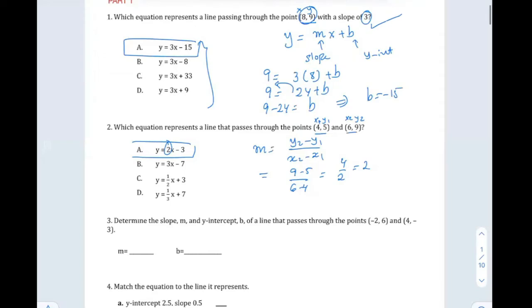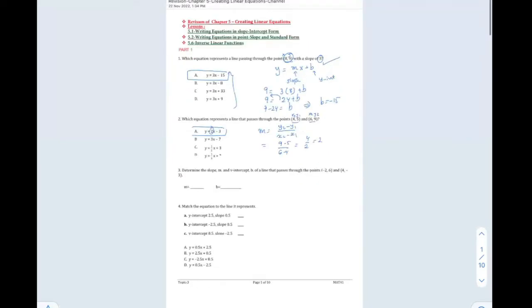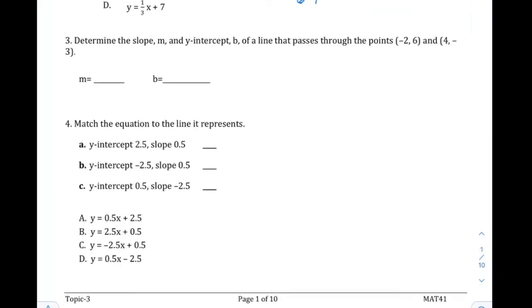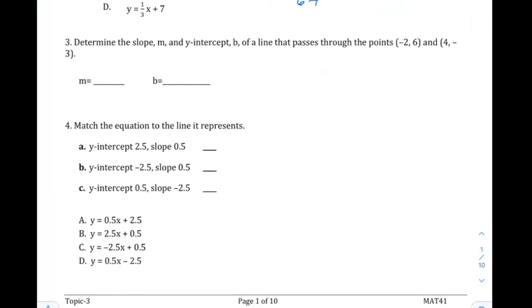Okay, let's go to another question. Determine the slope and y-intercept b of a line through these points. So we have to find the slope as usual. x1, y1, x2, y2.